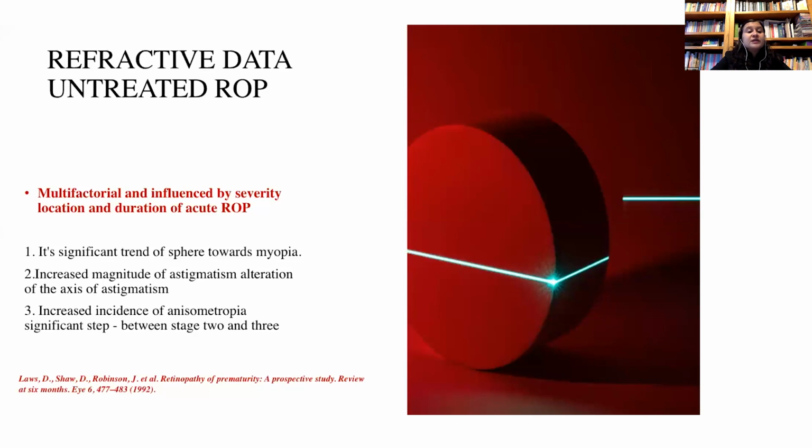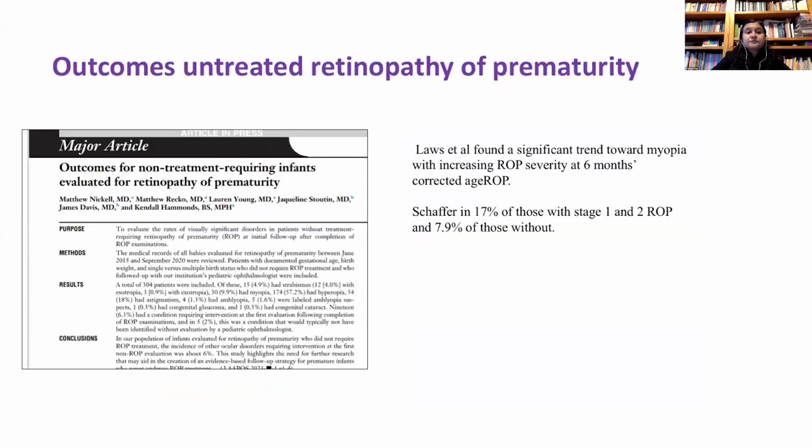We can see increased magnitude of astigmatism, and there can be increased incidence of anisometropia. Several authors showed a significant trend towards myopia, which increases with ROP severity, at the initial 6 months of follow-up.